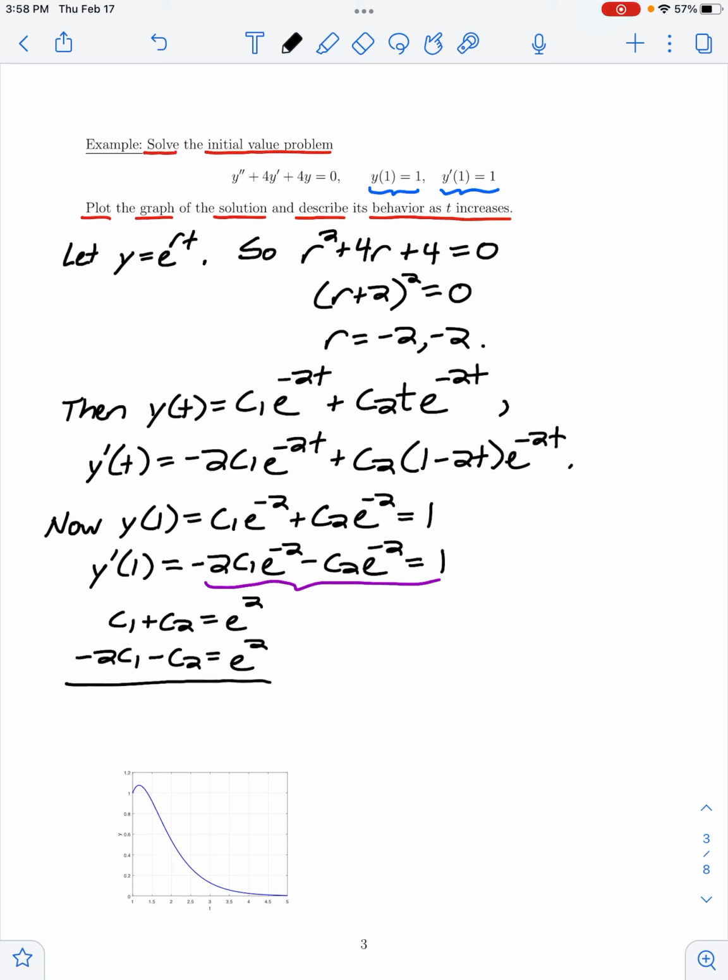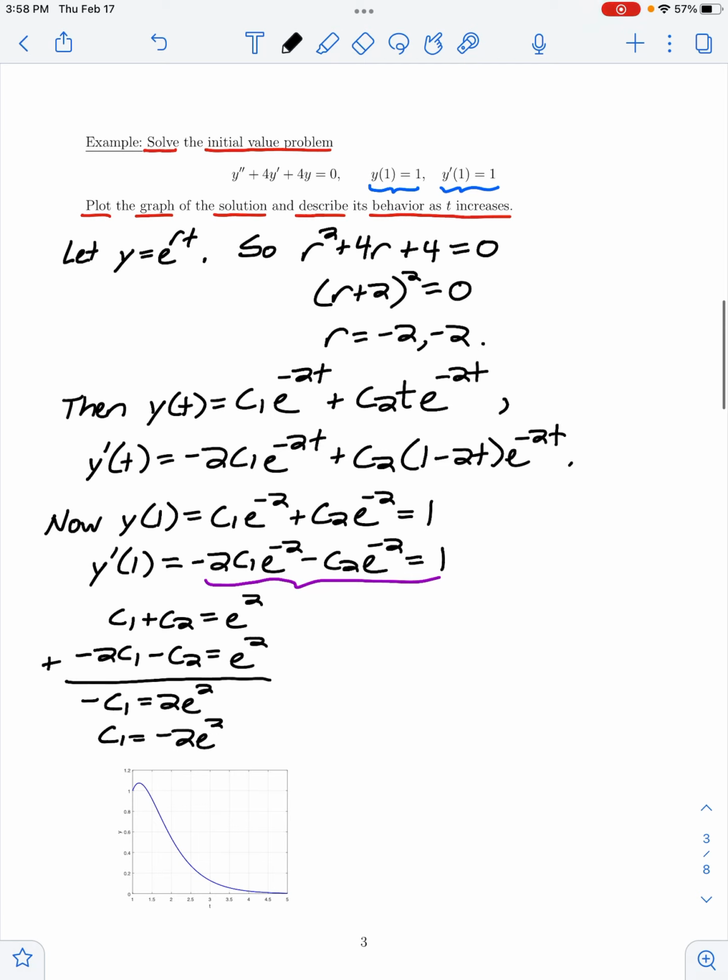And if I now add these two equations, I see that my c2 term cancels, and I have negative c1 equals 2e squared. So c1 would be negative 2e squared. And then to solve for c2, I could use one of my earlier equations. So from the first equation, we know c2 is equal to e squared minus c1.